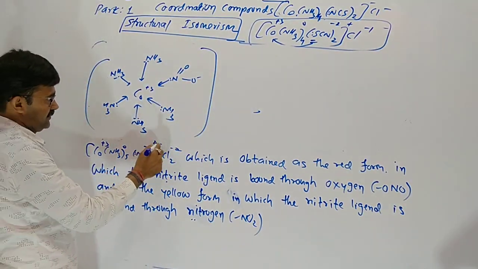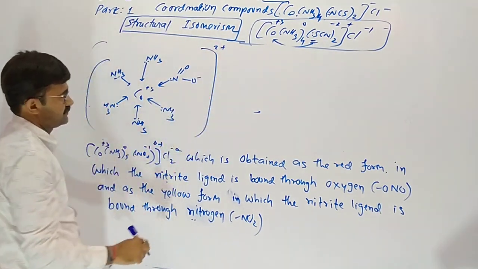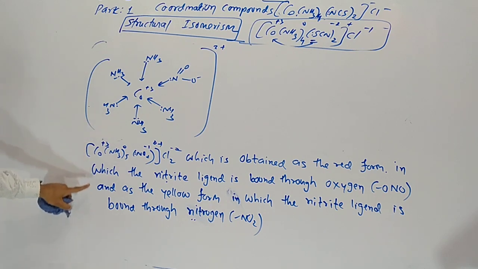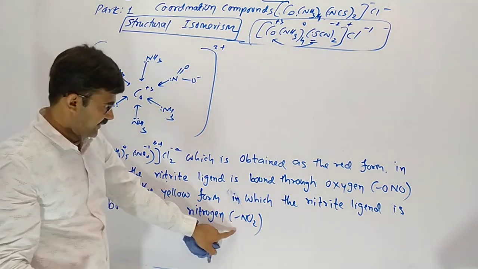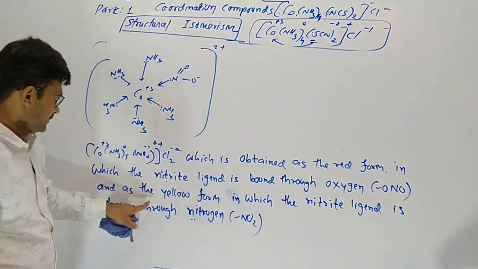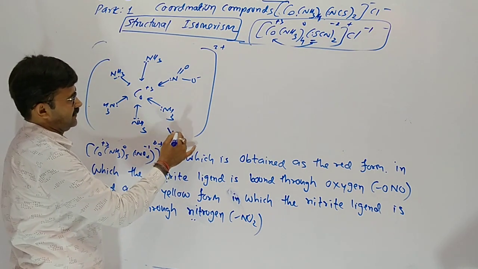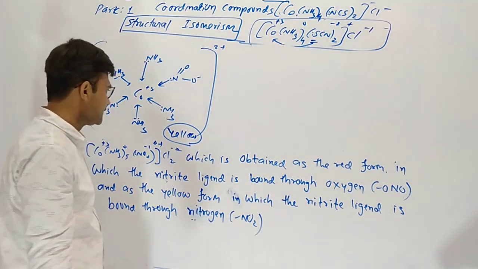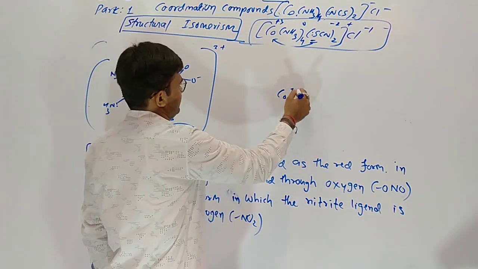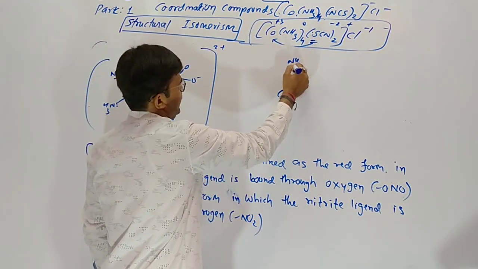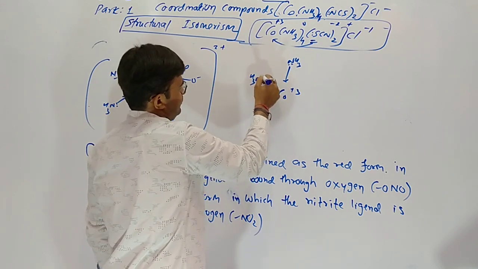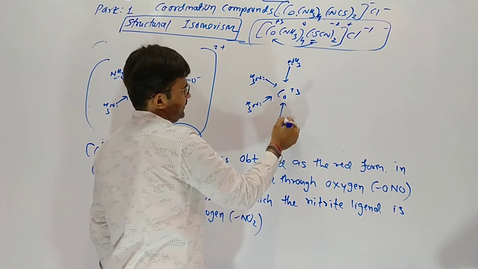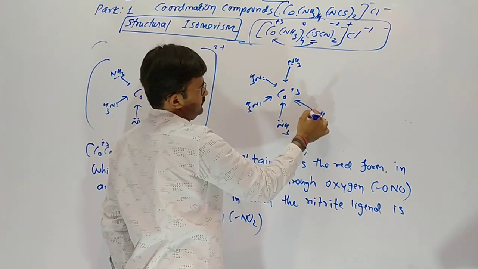Clear? Here is 2 plus. So this one is by nitrogen, the yellow form. So the color of this entity is yellow, and the other is red. All the 5 amines are monodentate, not ambidentate.